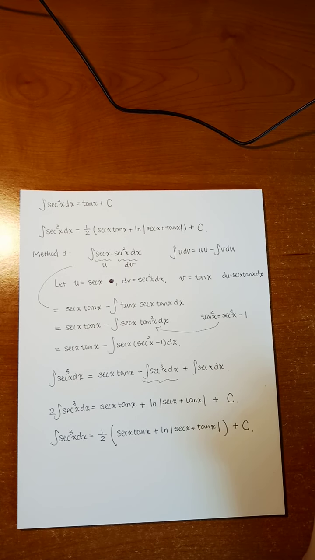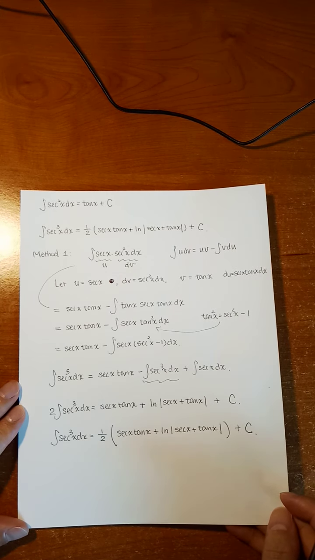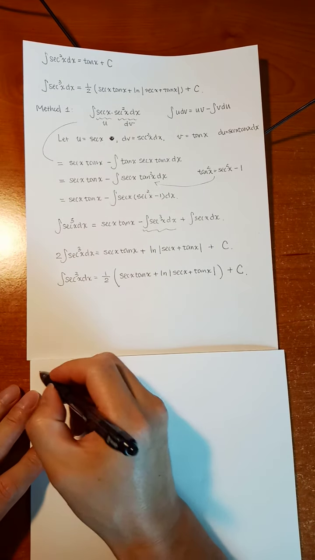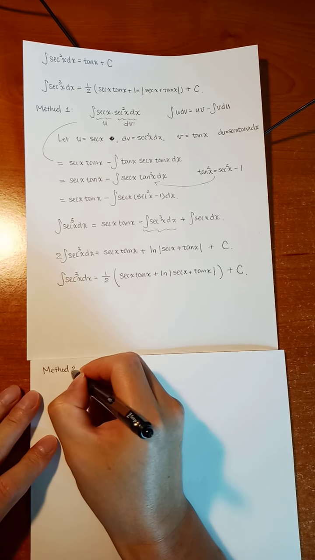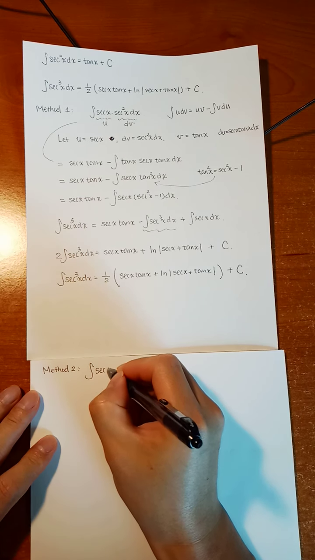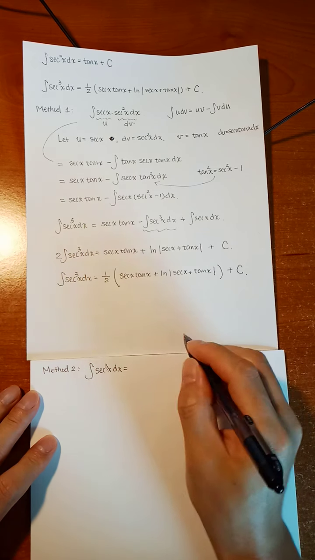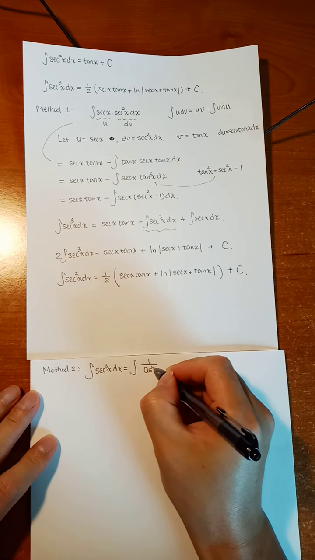Now let's try to use a partial fraction to do the same problem. All right, the partial fraction. Well, secant x cubed dx. Secant x is 1 over cosine, so it's 1 over cosine x cubed dx.